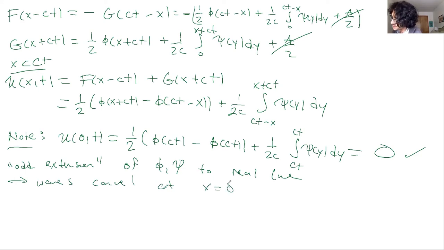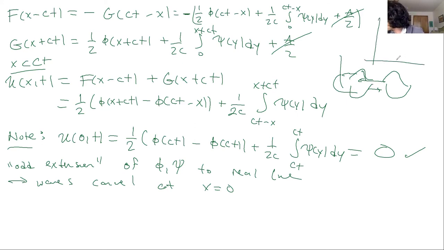So you have a wave that's propagating along, it hits the boundary here, and then it flips as it propagates away again. That's why the notion is of odd extension: this displacement upwards gets displaced downwards when it interacts with the boundary. So this is what's happening as a characteristic hits here and bounces off.